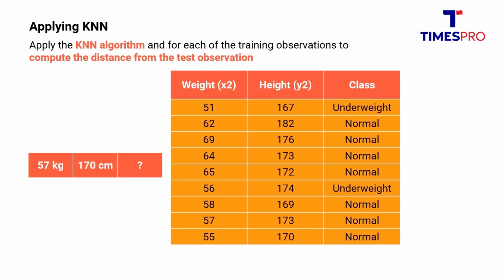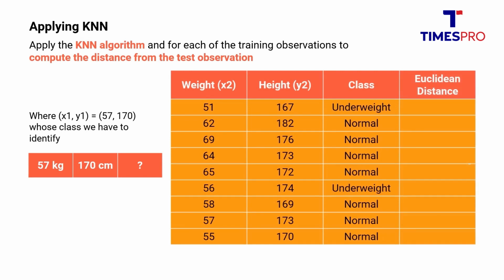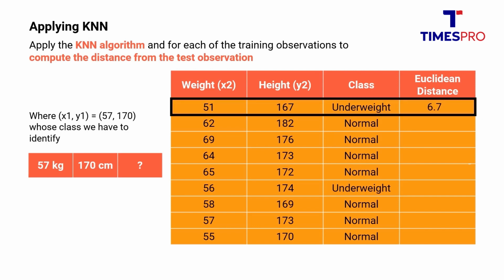So we have the test observation of weight 57 kgs and height 170 centimeters. We compute the distance from this data point to each of these training observations. First, we calculate the distance between 57, 170 and 51, 167. We get the distance as 6.7.